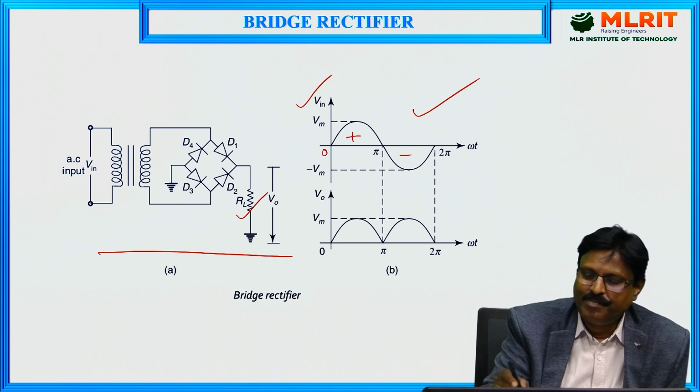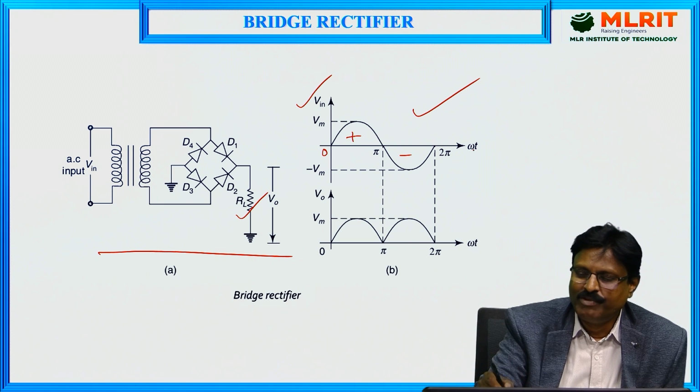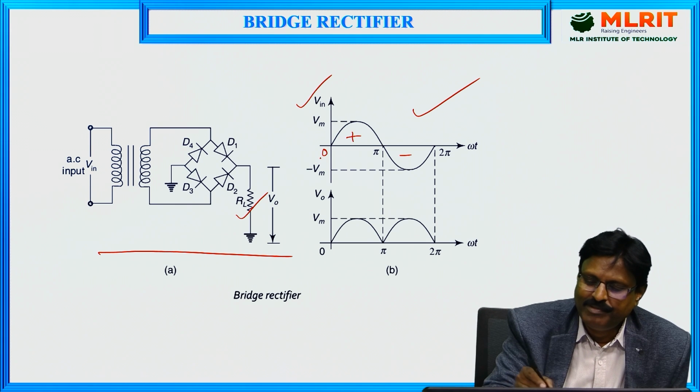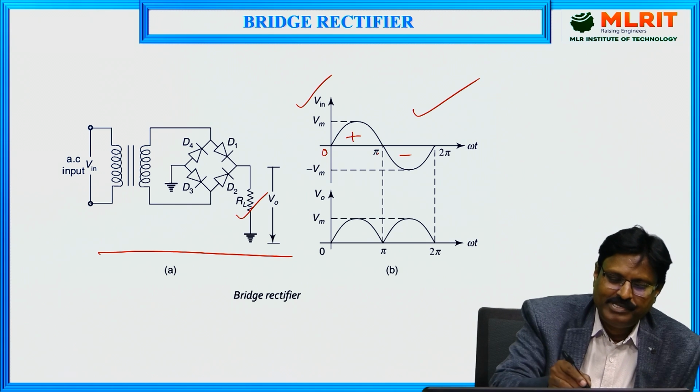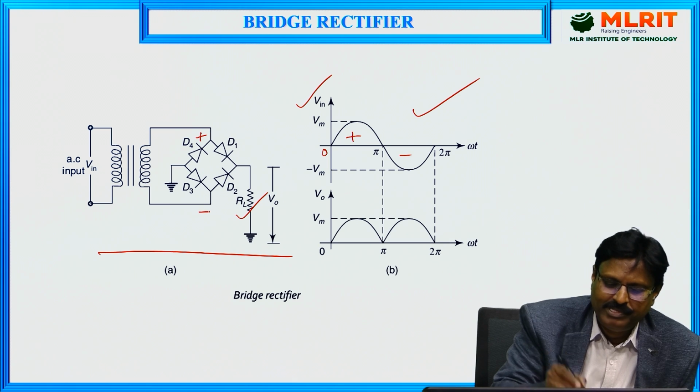Let us separate it into 2 periods. The first period is when omega t is between 0 to pi. What happens here? This particular terminal becomes positive when compared with this terminal.